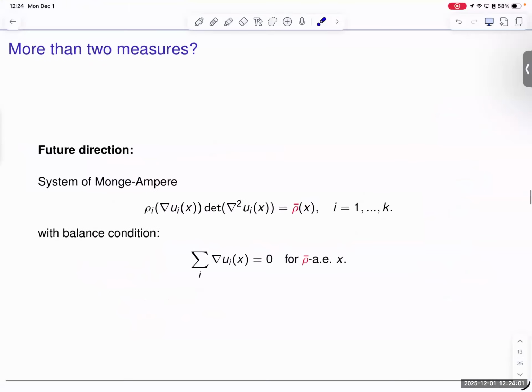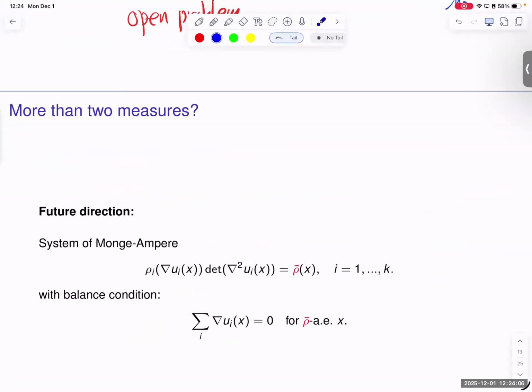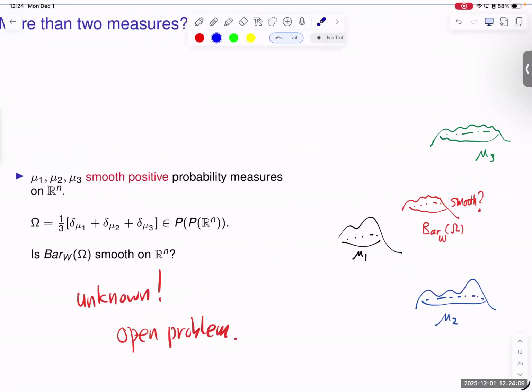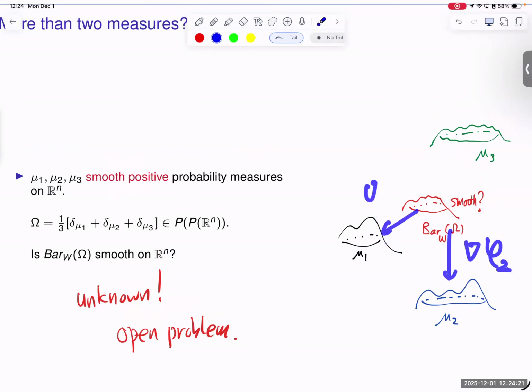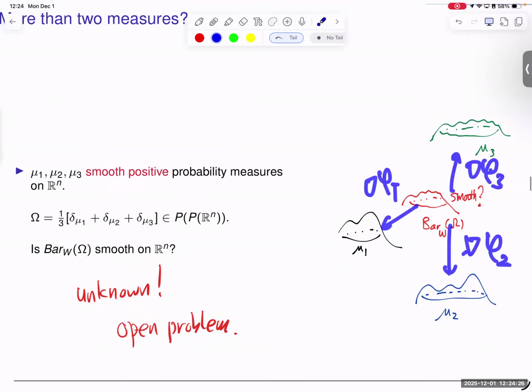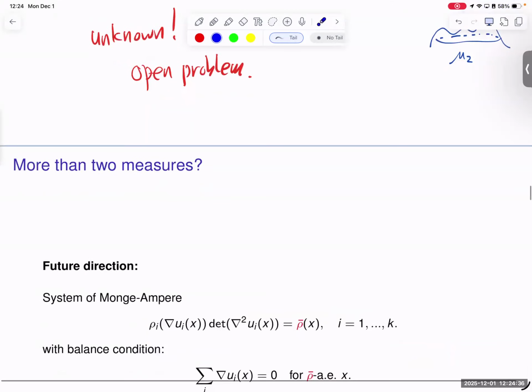There's one approach you may possibly apply to this problem. You can still try to use the Monge-Ampère equation for the optimal transport between this barycenter measure and the other measures. Let's say you have optimal maps gradient phi 1, gradient phi 2, gradient phi 3, and these optimal maps satisfy Monge-Ampère equations. Here the rho i's are the marginal densities, and rho bar is the density of the Wasserstein barycenter.